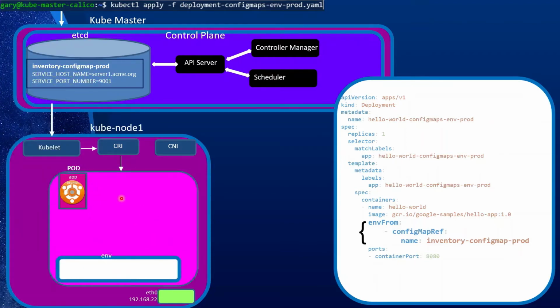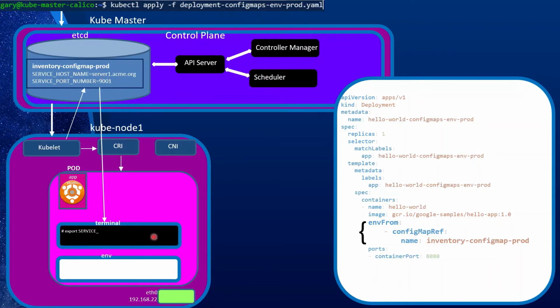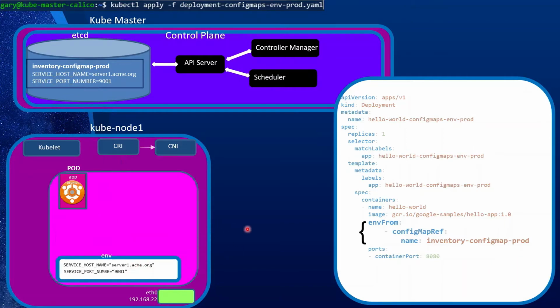At this point, Kubelet will read the config map values from etcd and set the environment variables. Then the environment variables are set and the application is ready to go. And finally, the CNI will create the network stack for our pods.